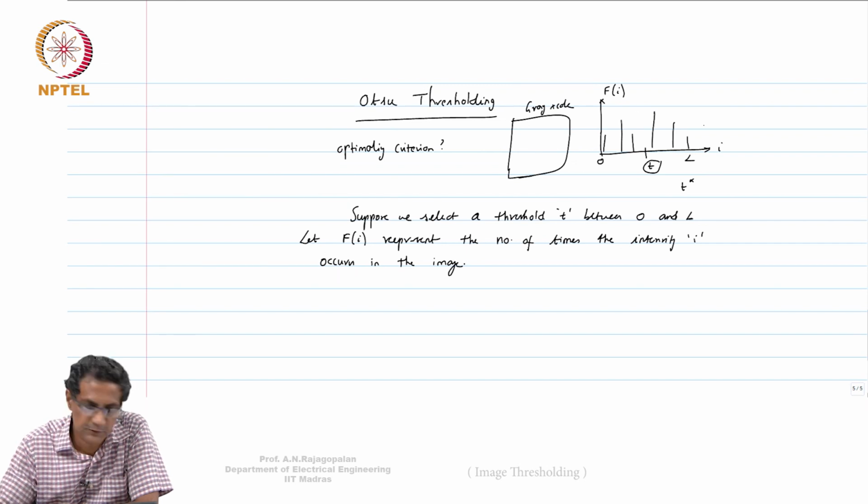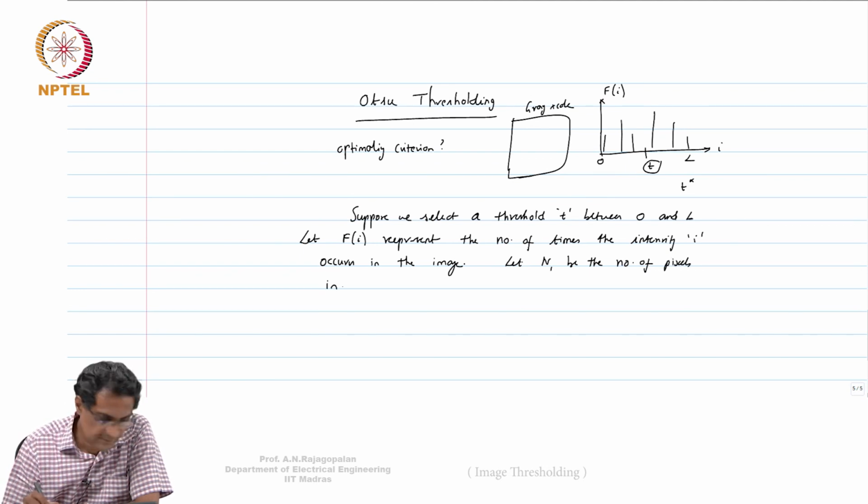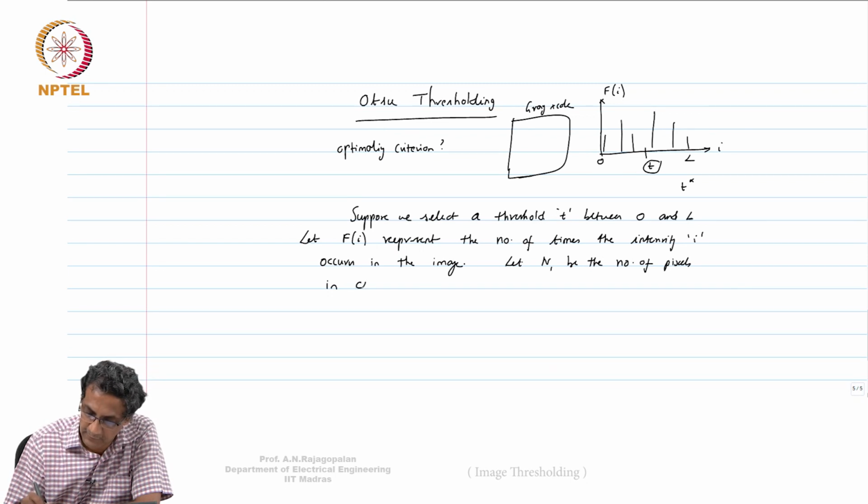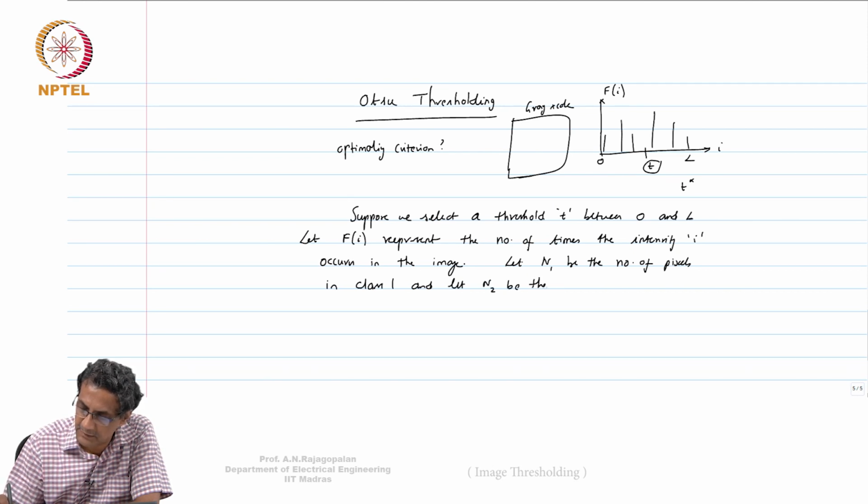Okay, similar to this plot that we have shown, let n1 be the number of pixels in class 1, and let n2 be the number of pixels in class 2.